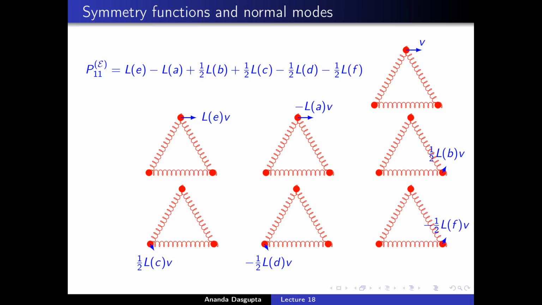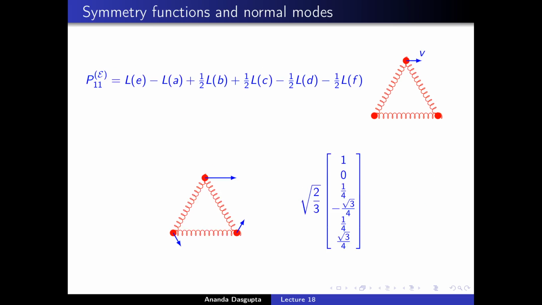So when you add all of them together, this is the total result of P curly E11 acting on V. A vector of length 2 in the horizontal direction on the top atom and two other vectors of length 1 each. Remember, you have two individual pieces which had lengths half each, giving us lengths 1 each along these directions indicated. And you can easily write down the components corresponding to that in a column vector.